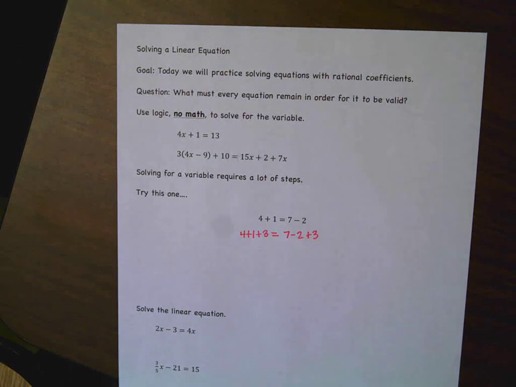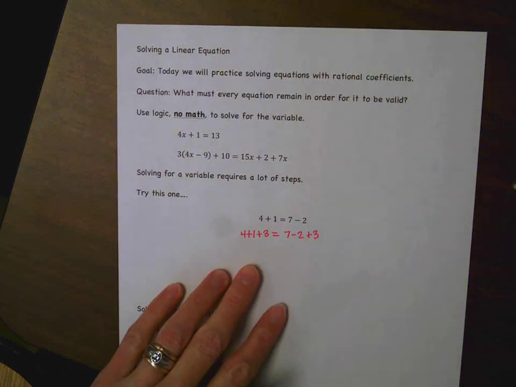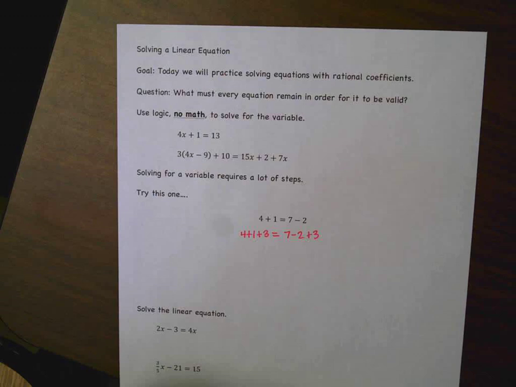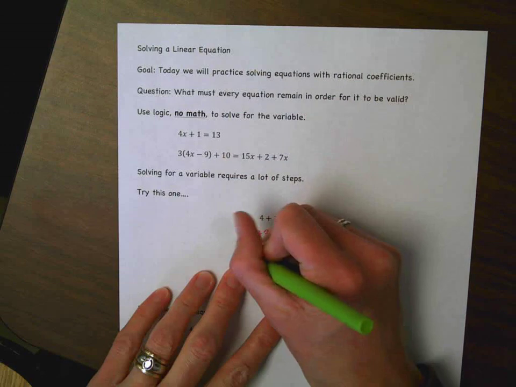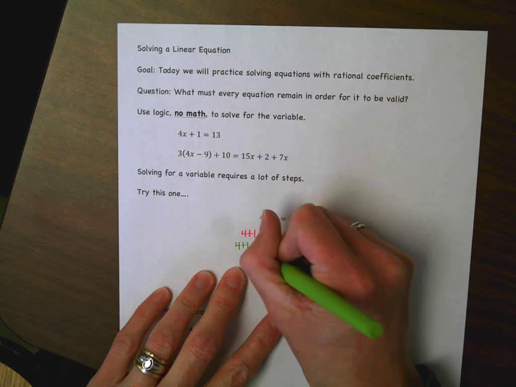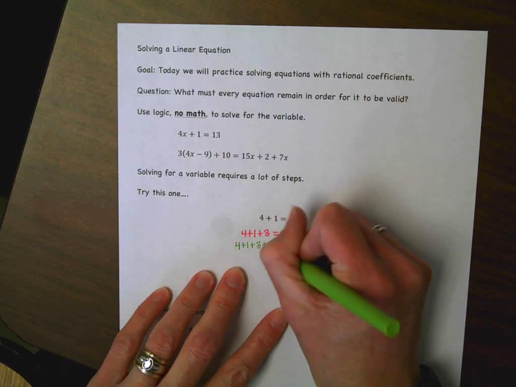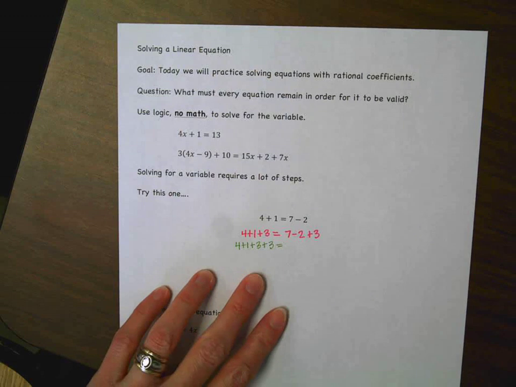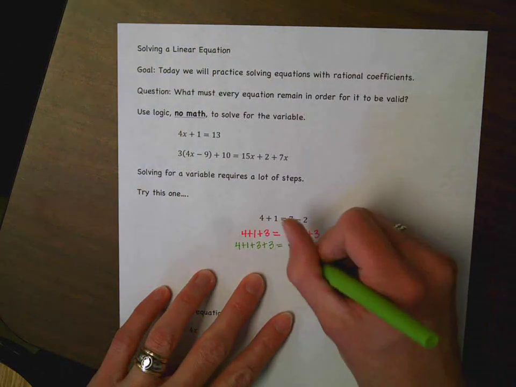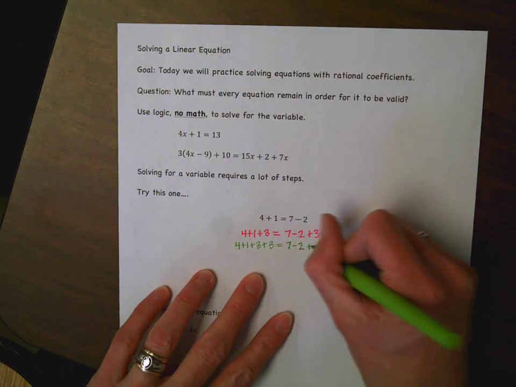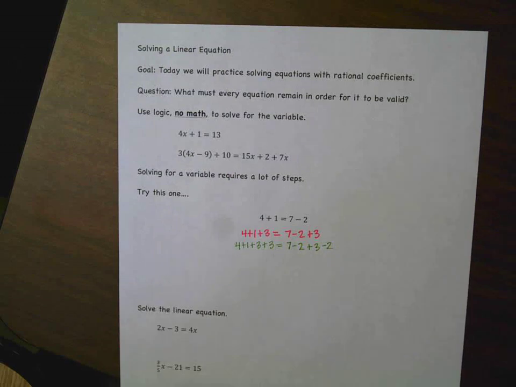Now it's telling me to add 3 to the left side and 2 to the right side. I'm going to change colors so we can keep track of this. So I have 4 plus 1 plus 3 should be equal to 7 minus 2 plus 2.